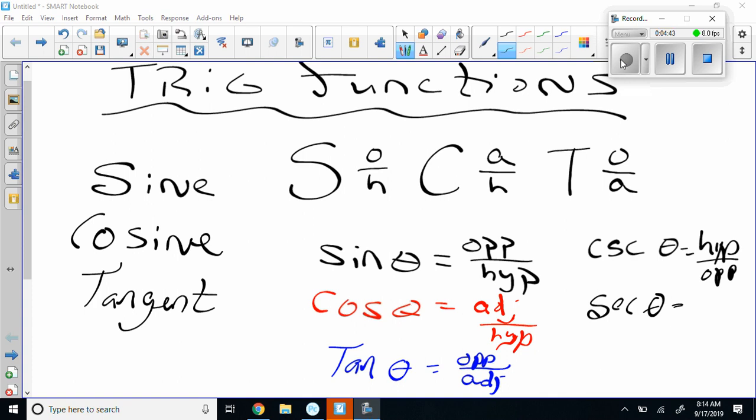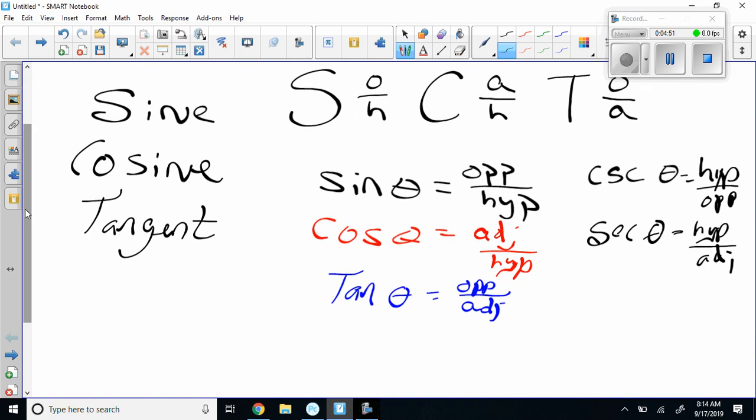And then we've got hypotenuse over adjacent. What do you think the inverse of the tangent is? Yeah, it's cotangent, right? Cot theta equals adjacent over opposite.